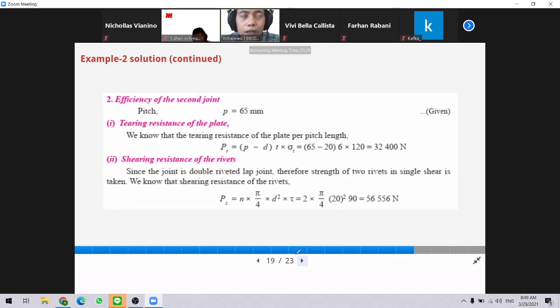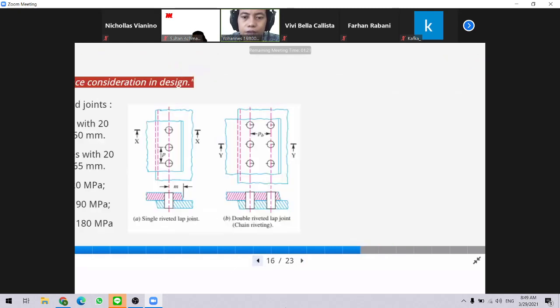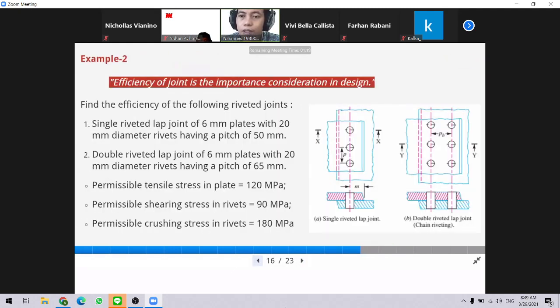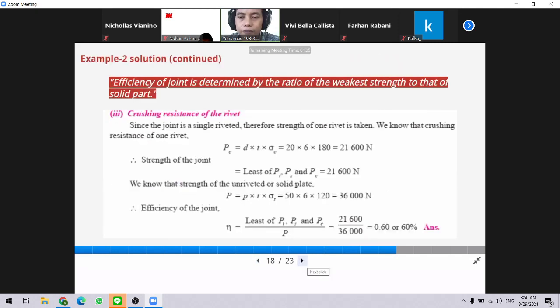How about the next type of joint? To remind us, we have to check the figure again. So we put another row. We have two rows of rivets, another column of rivets. So now for a single pitch, we have two rivets.